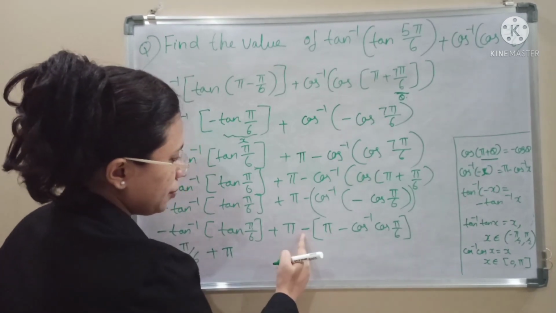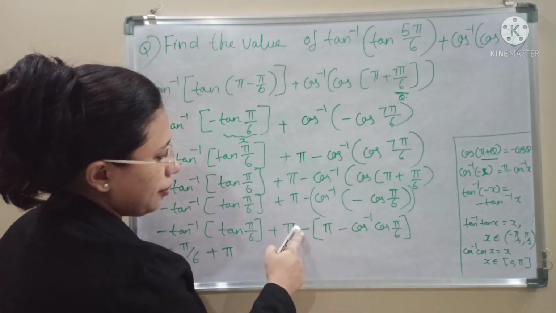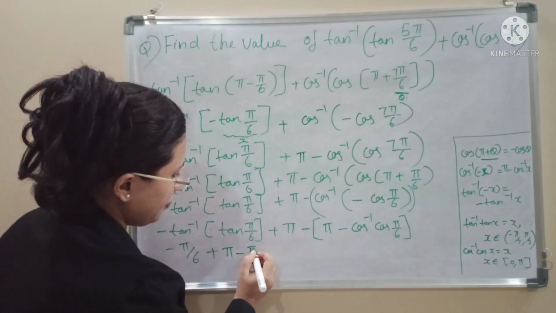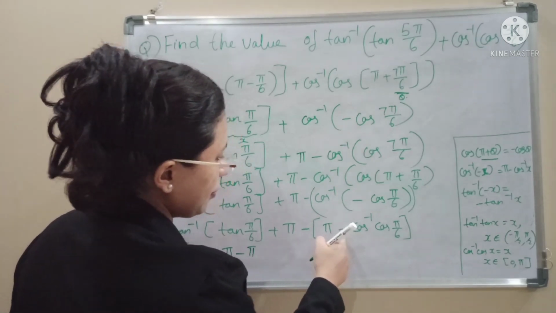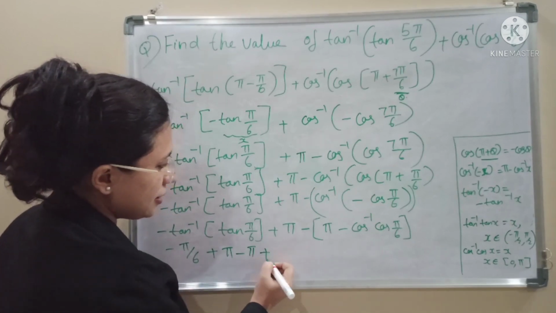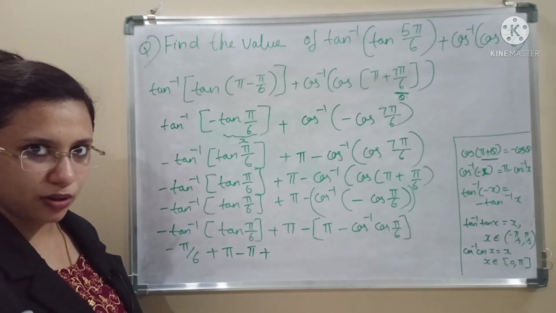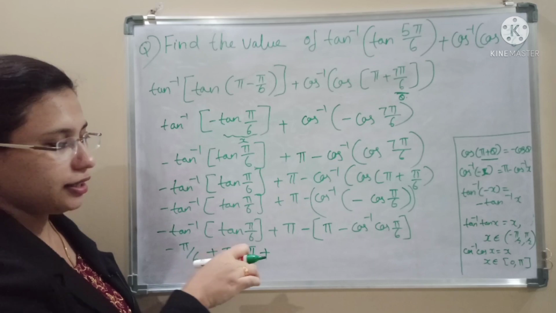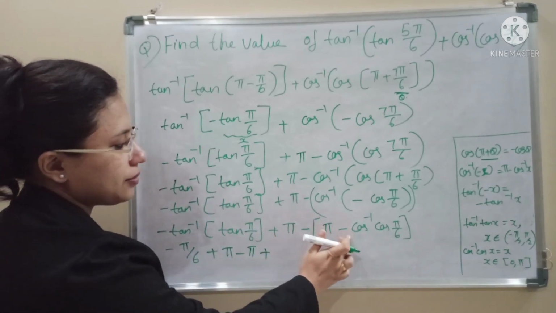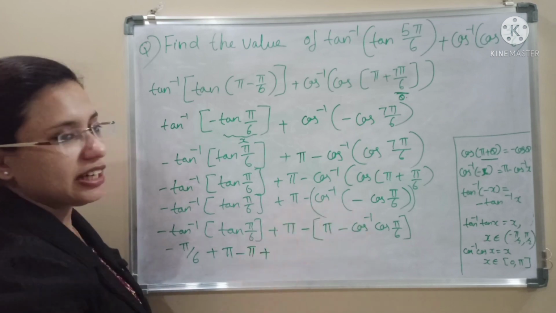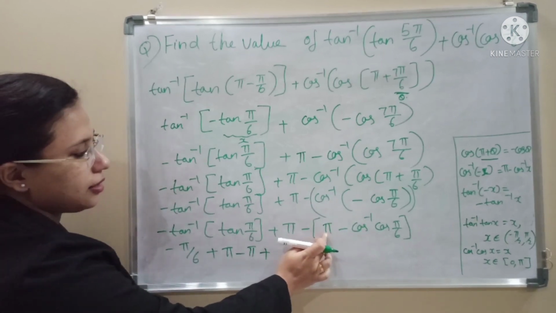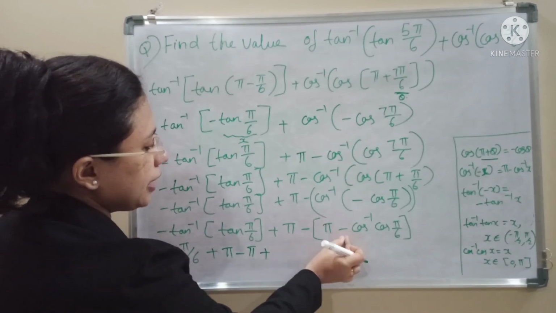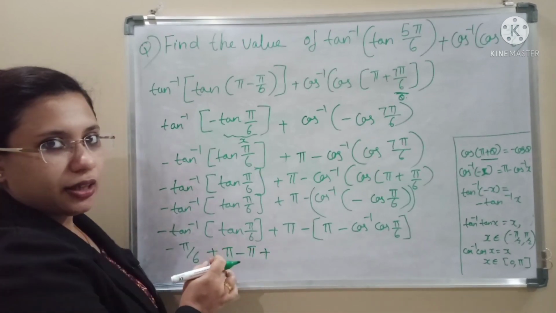And when we apply this minus inside, minus and π will be minus π, again minus and minus will be plus. So when we remove the bracket, please keep that in mind: whenever there is a negative sign outside the bracket, you have to be very careful. When it comes inside, all the signs change. So it was plus, so it will turn as minus. It is minus, and whenever we take this negative inside, it will be plus.